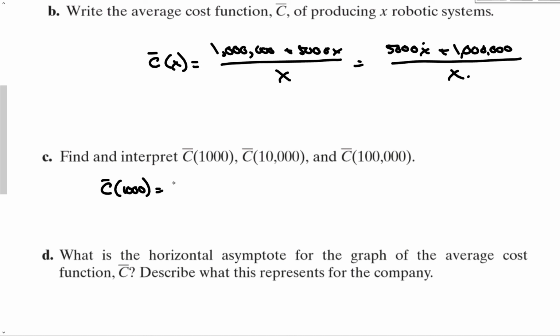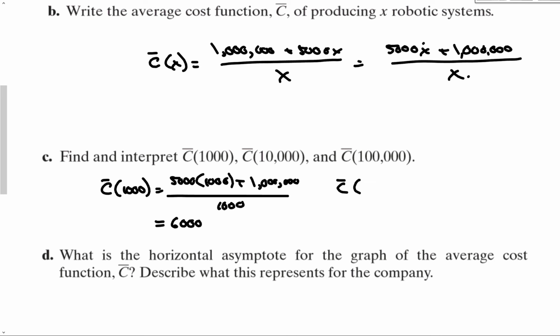And I get 5,000 times 1,000 plus 1,000,000 over 1,000, which would give me 6,000. I'm not going to write the other two out, but C bar of 10,000 gives me, and you can calculate this if you want, 5,100.